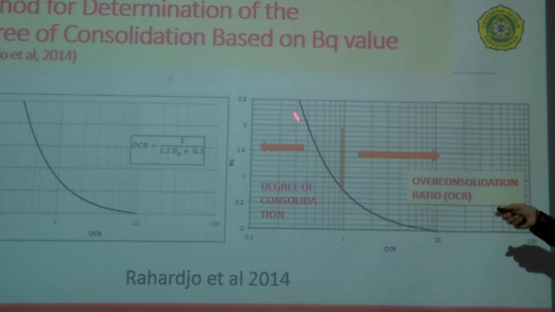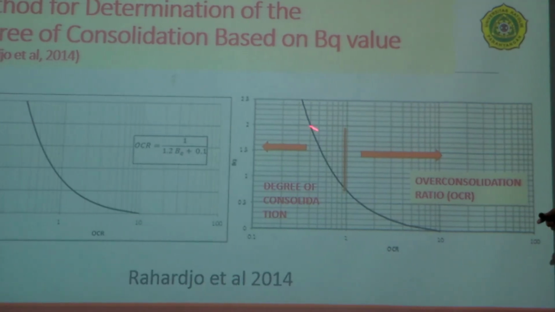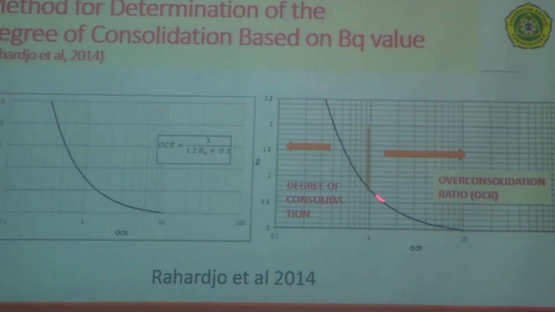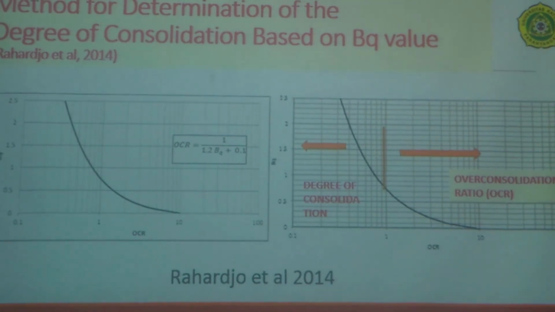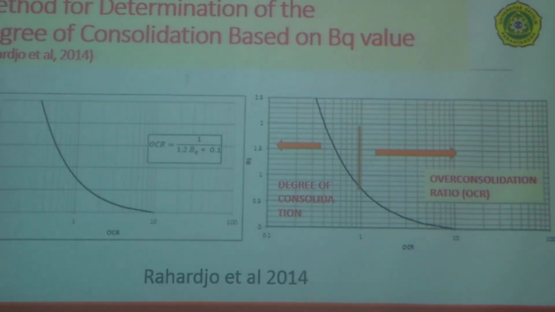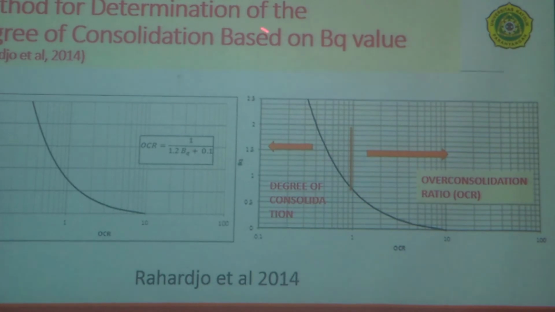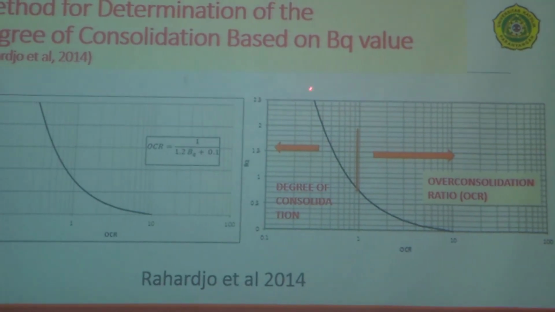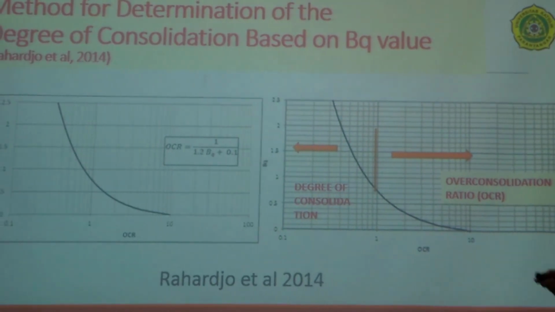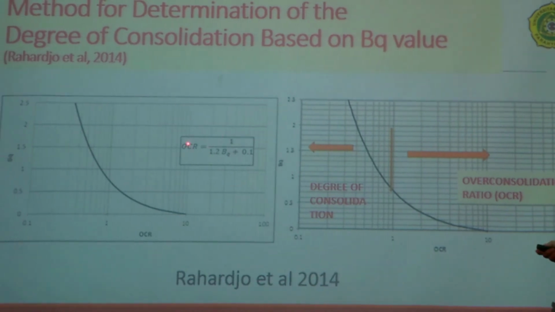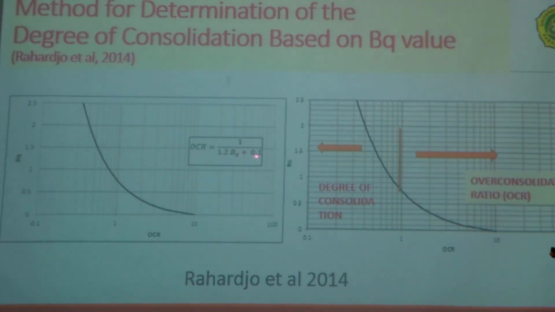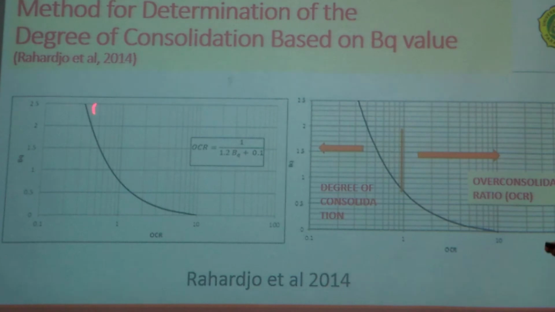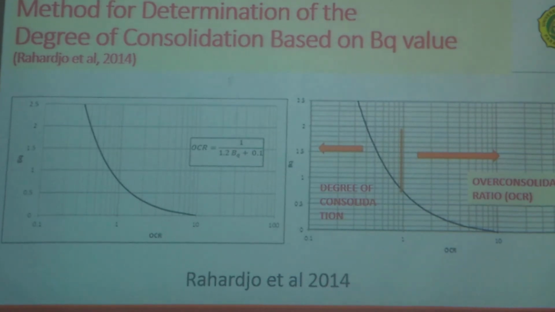This one is done with a lot of data. Then we do a mathematical approach to find out what the curve is. So we use the data, and that curve now becomes OCR equal to 1 divided by 1.2 B sub Q plus 1. So in this case, we know what the OCR is.